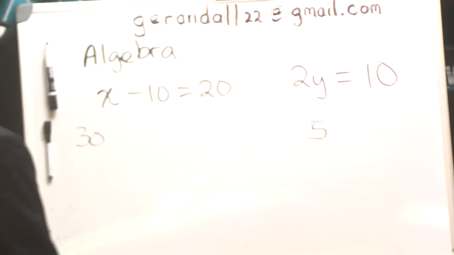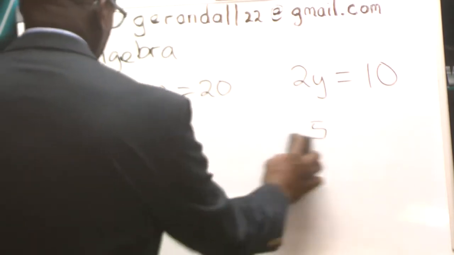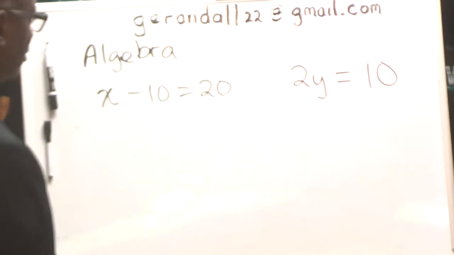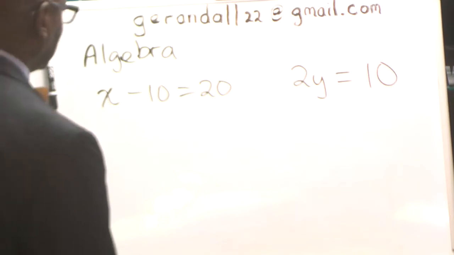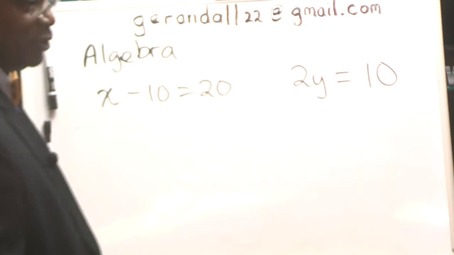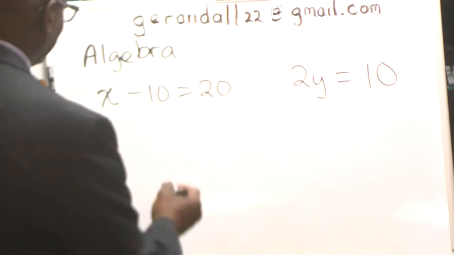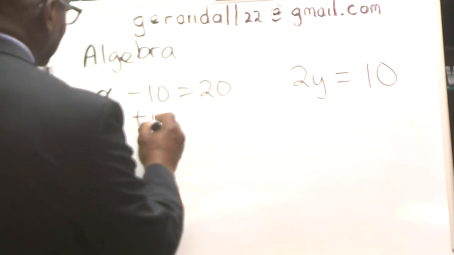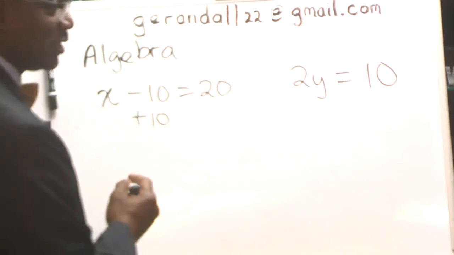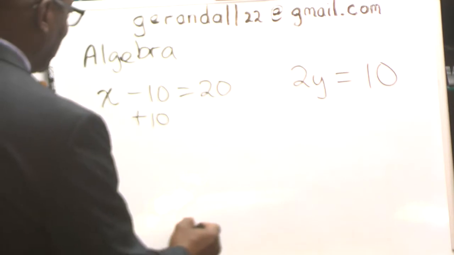The process for solving these problems is this. And we talk about our cousins. We have subtraction here. How do you undo subtraction? You add 10. Whatever you do to one side of the equal sign, you must do to the other.